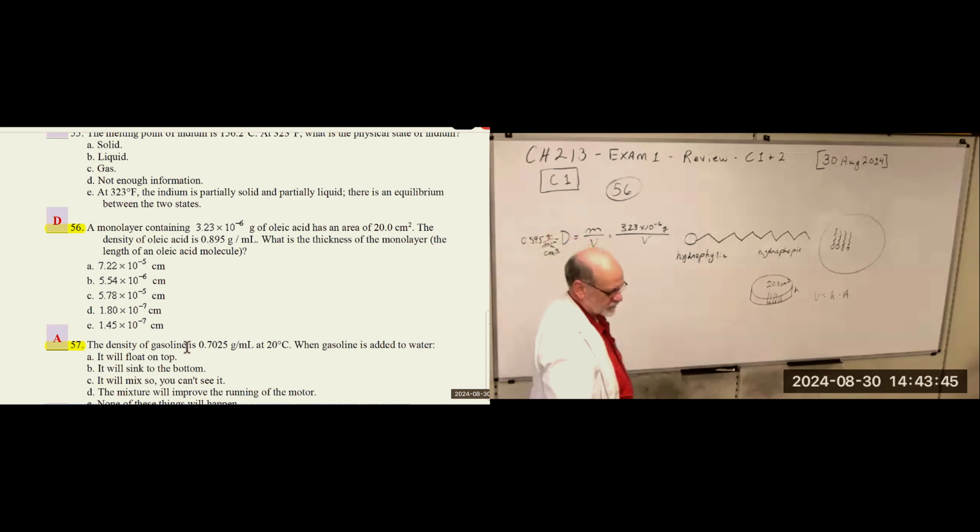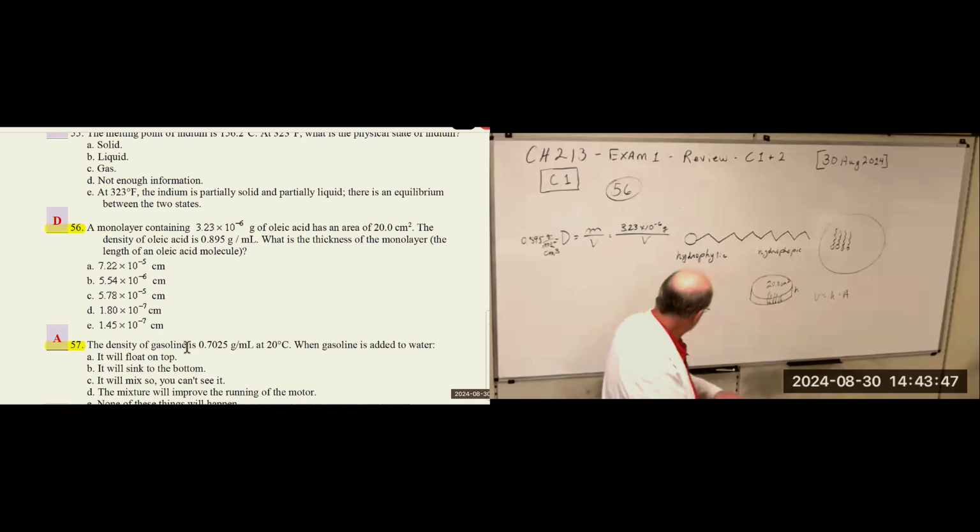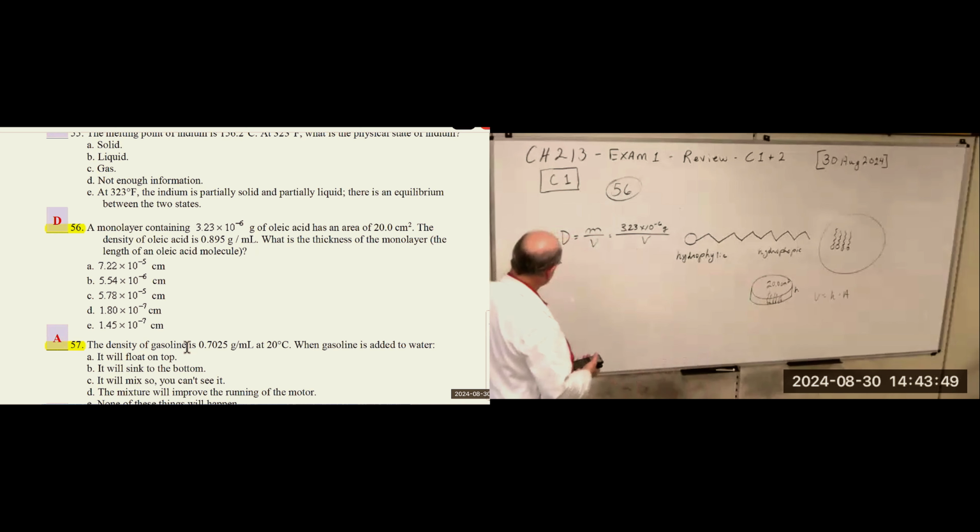If we solve that for volume, the V comes over here and the D goes over there. We divide the D into the mass: 3.23 times 10 to the minus 6, divided by 0.895.